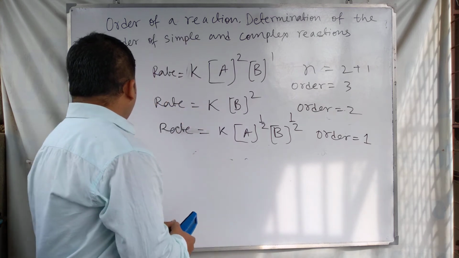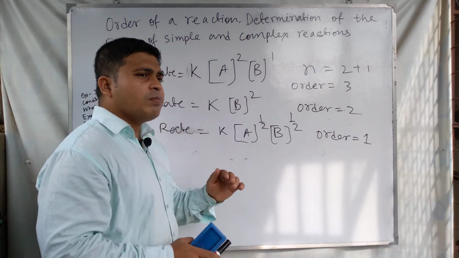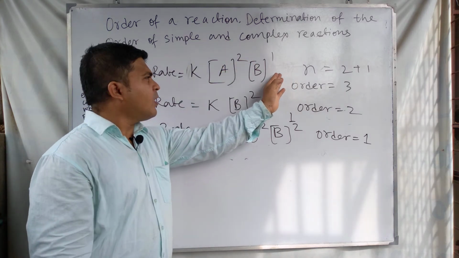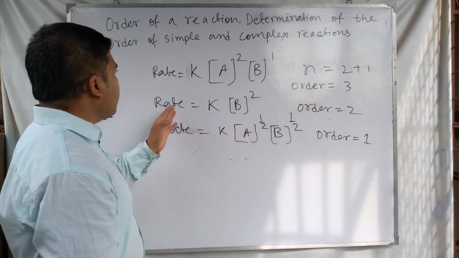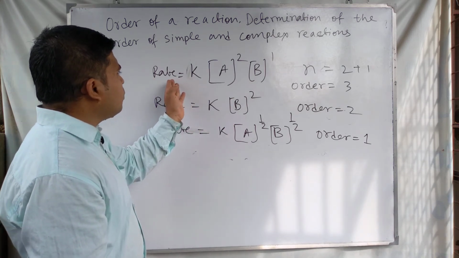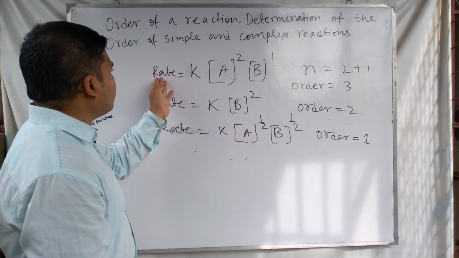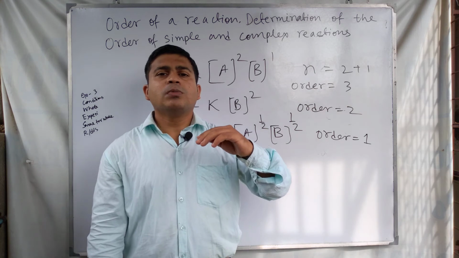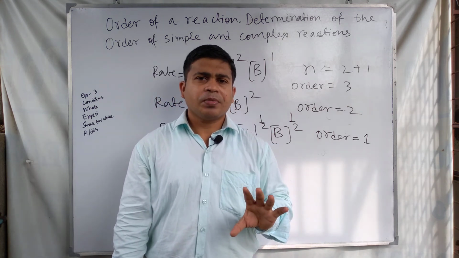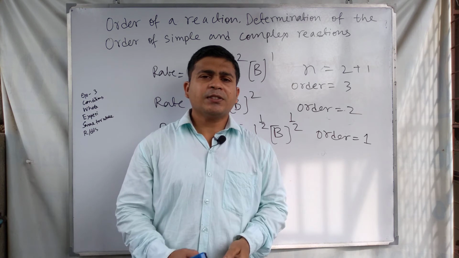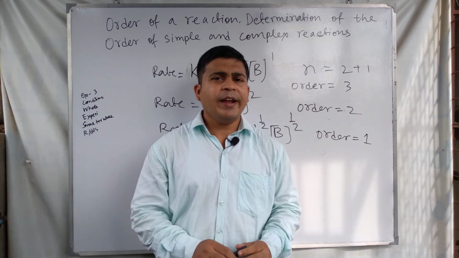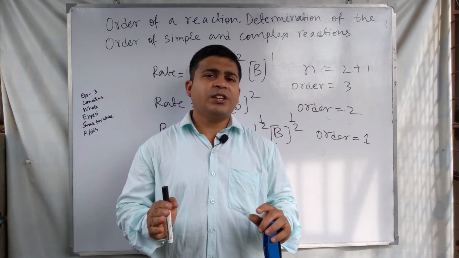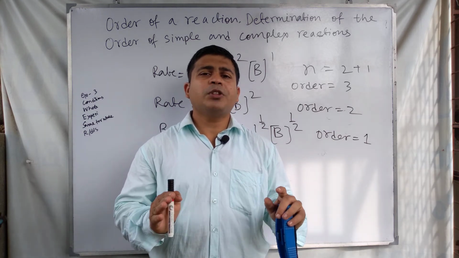Another important thing is that order is determined by the sum of the powers of the molar concentration terms. We have to remember that this rate equation is formed at the slowest step of the reaction.